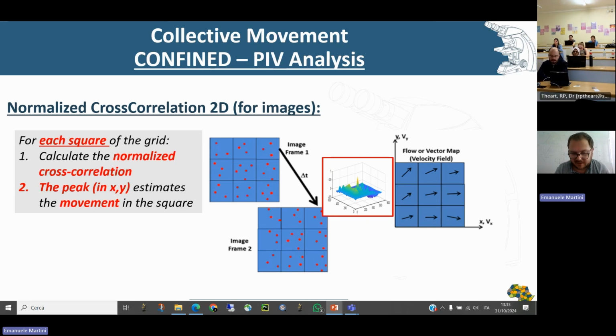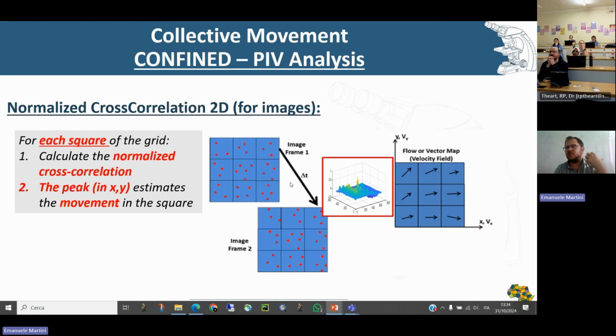And what you are really saying is that if I move, I don't know, my image of 40 pixels on the right and I don't know 45 vertically up, it's where they are more similar.